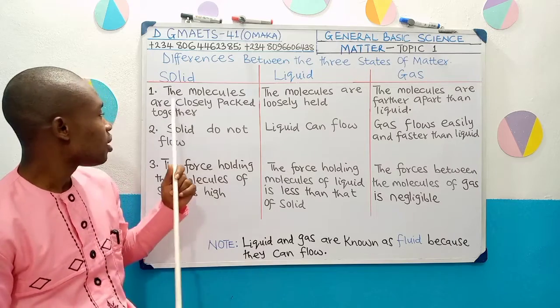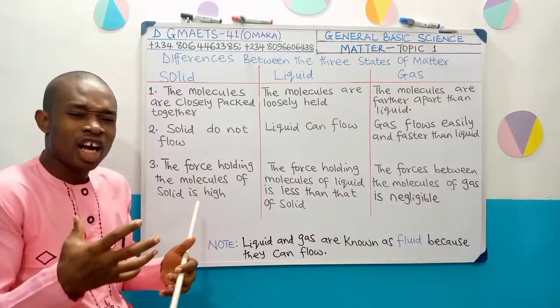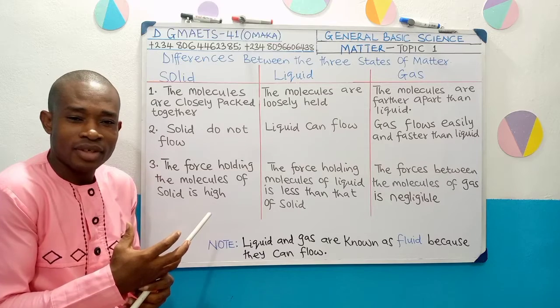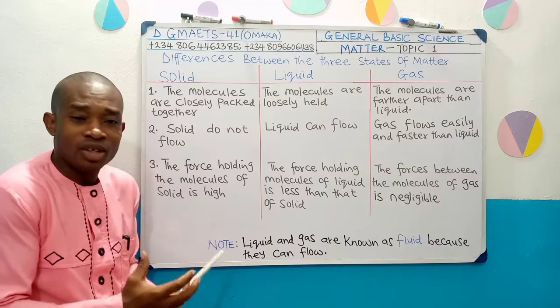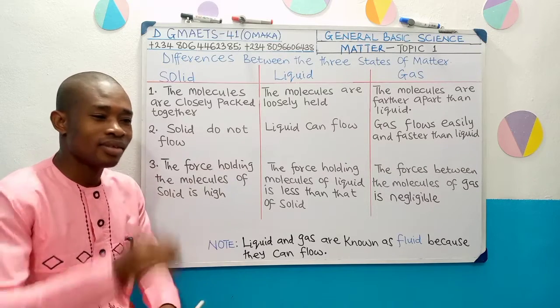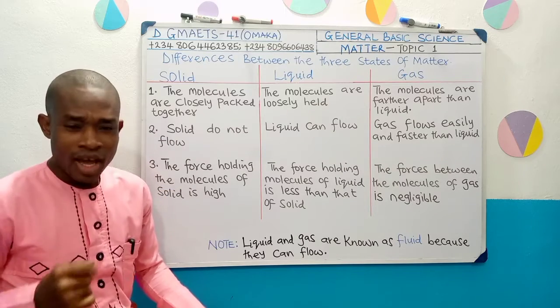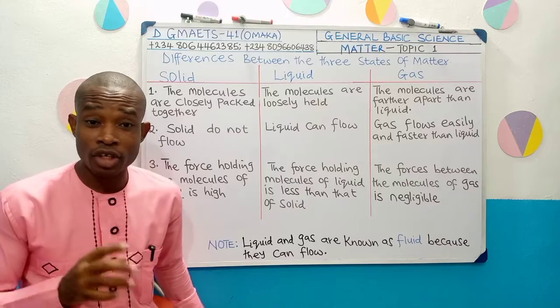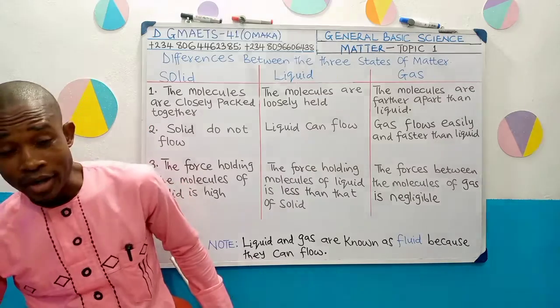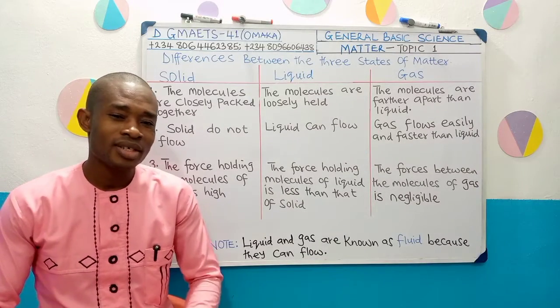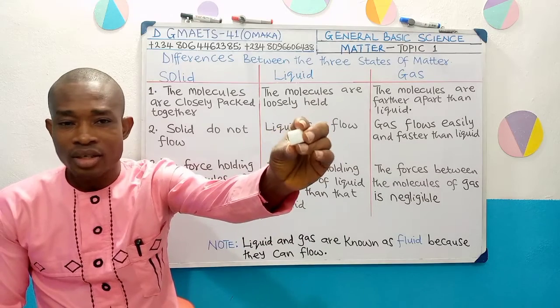So we have this: molecules of solids are closely packed together. Very, very close. You hardly see gaps between the molecules of a solid. I'm going to show you an example here of a cube sugar. So you see what a solid looks like.